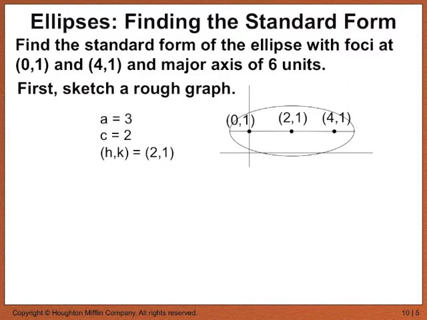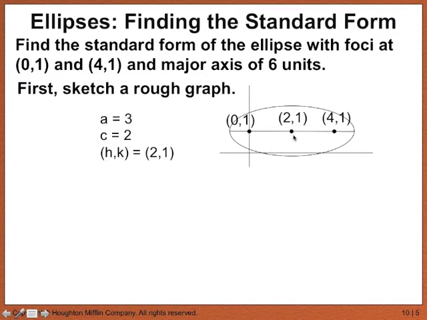And from our rough graph, we can fill in the following things that were unknown to us before. We know that a is 3 because by definition, little a is half of the major axis. And since the major axis is 6, half of 6 is 3. We also know that c is 2. Why do we know that c is 2?